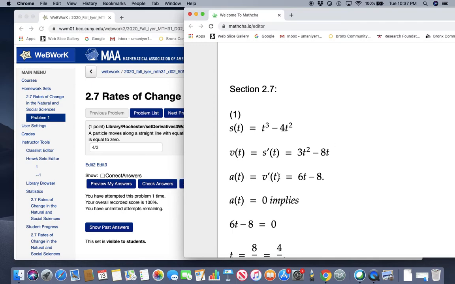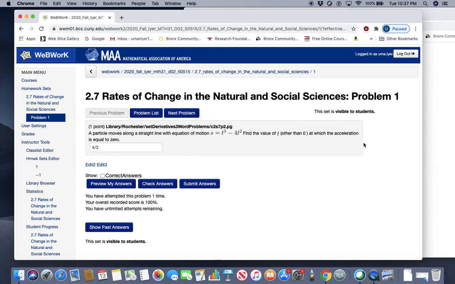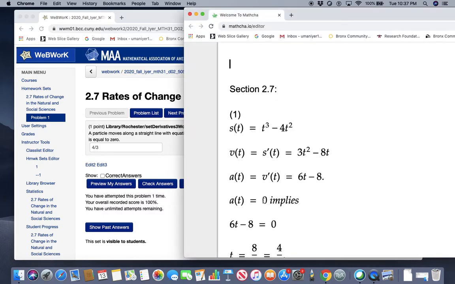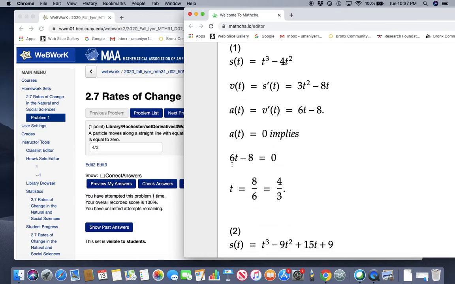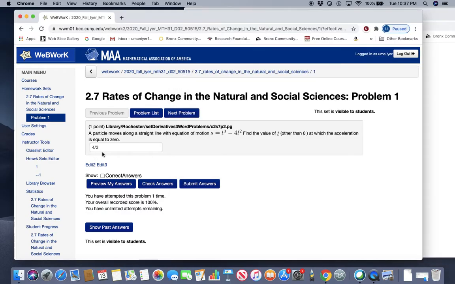Acceleration is the derivative of velocity with respect to time, so the derivative of this is 6t minus 8. You want acceleration to be 0, so 6t minus 8 is 0. Solve for time. Move the 8 over, divide by 6. 8 over 6, which reduces to 4 over 3.